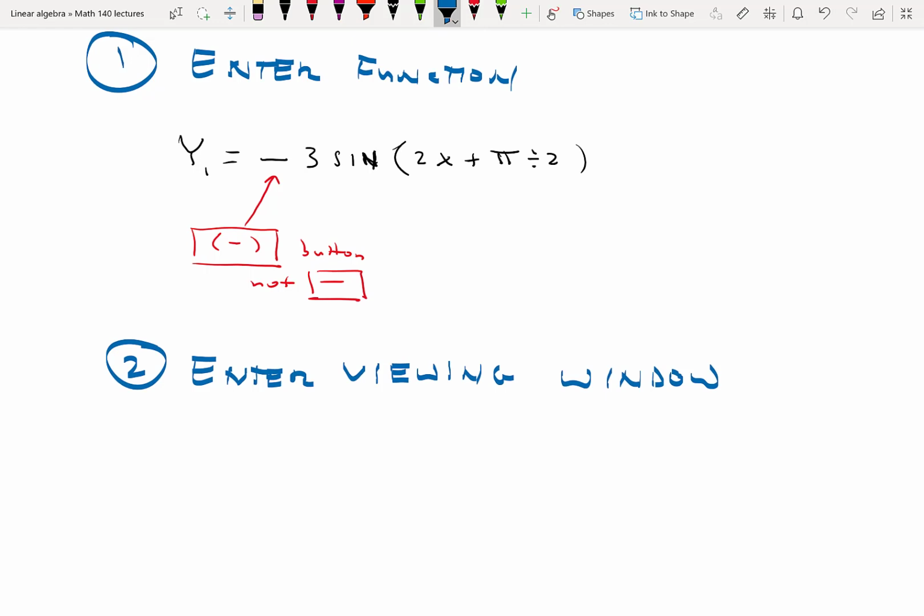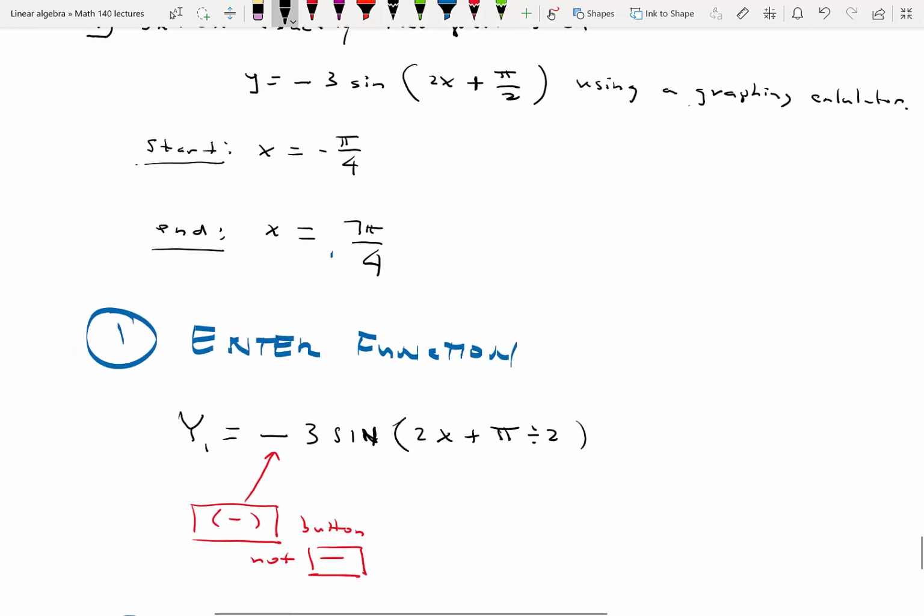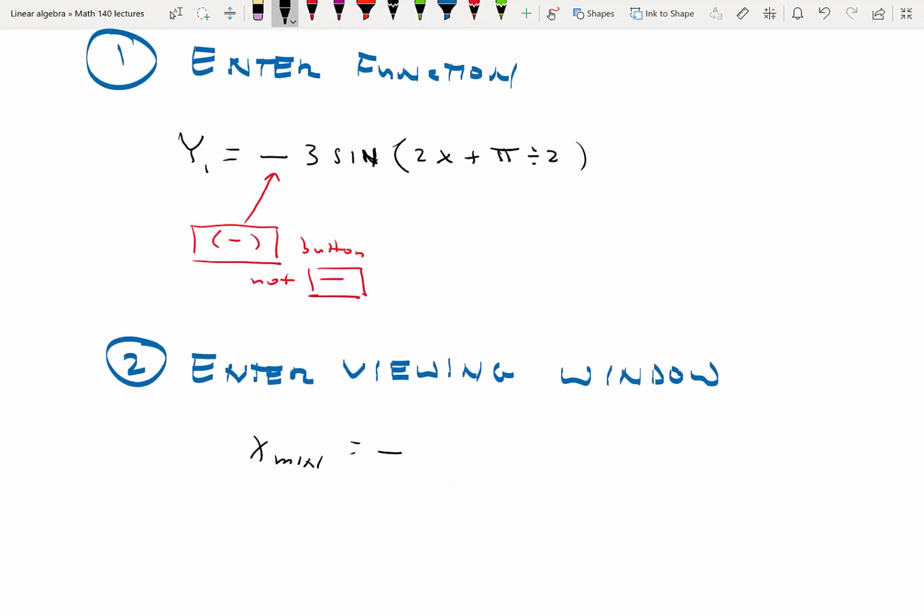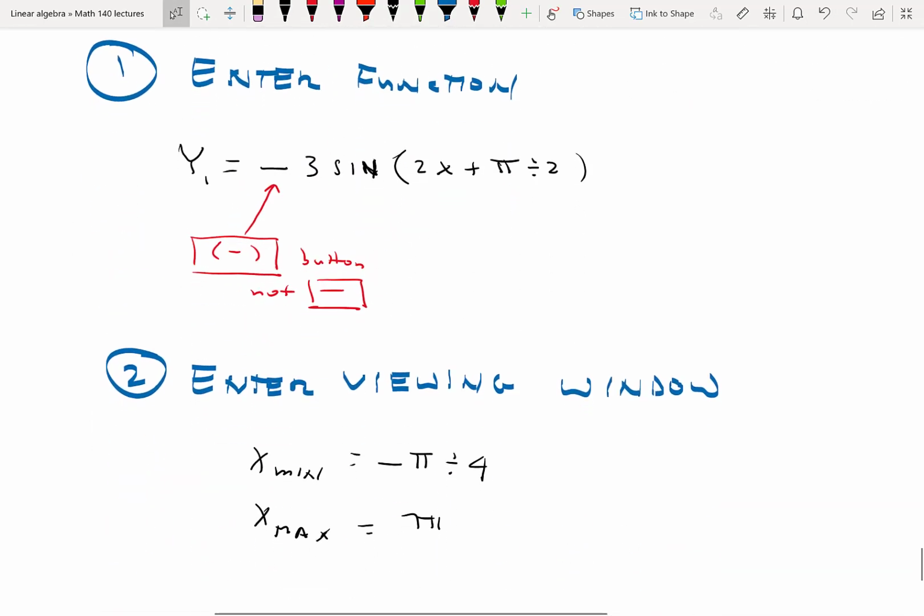So for x min, you're going to have negative pi over 4. Negative, remember the negative button, not the subtraction button. Negative pi divided by 4. Then push enter. X max will be 7 pi over 4, 7 pi divided by 4.